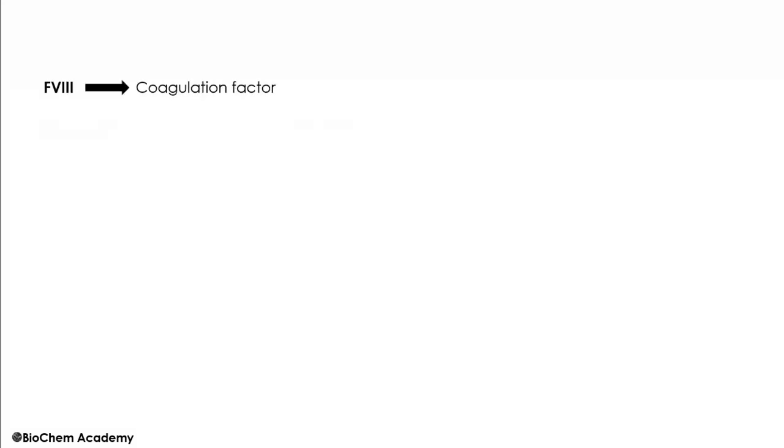Okay, so the factor VIII protein is a coagulation factor. So it's part of the coagulation cascade. What I mean by coagulation cascade? Well, it's a series of steps, hence it's called a cascade, that leads to the formation of clots.